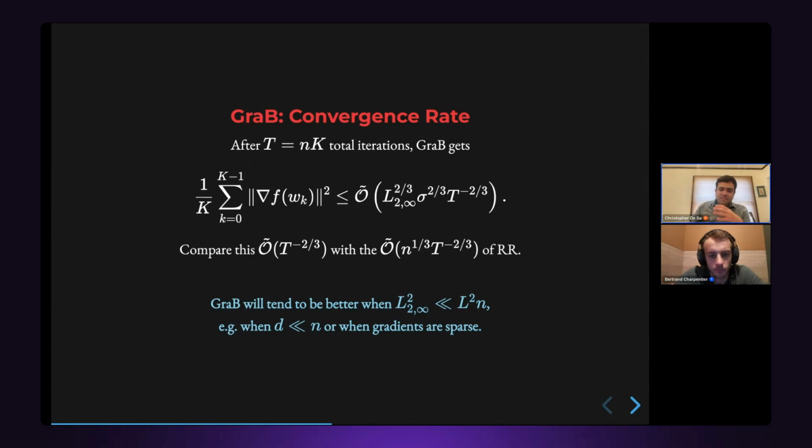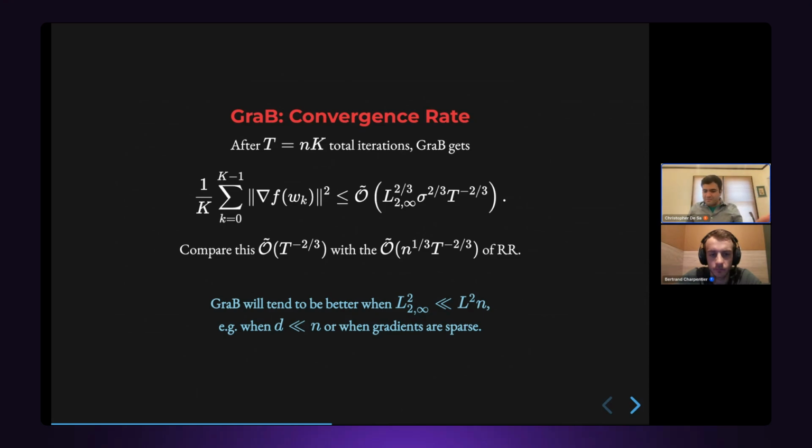Theoretically, then there's this comparison where our algorithm, GraB, will tend to do well when the number of examples is large relative to how much you lose by having to move from the standard L2 Lipschitz smoothness constant to this slightly weird L infinity including Lipschitz constant that we have in the theory.